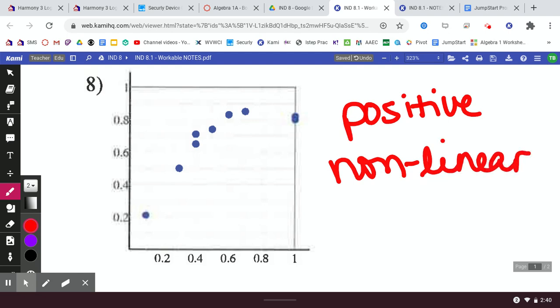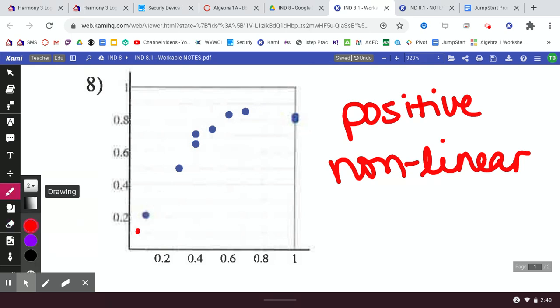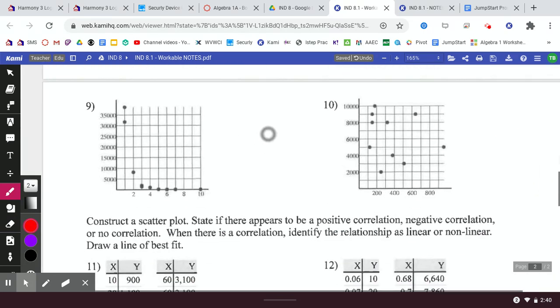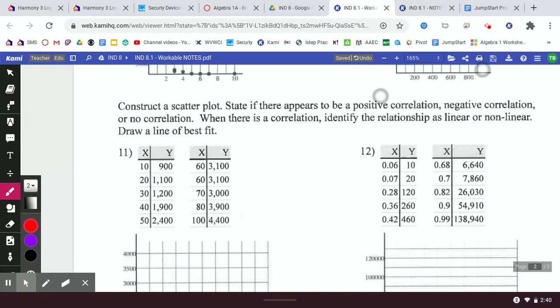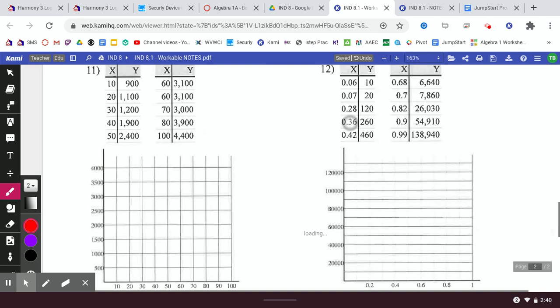Again, if you're ever not sure, just very, very lightly take your pencil and look and see, oh, it hooks. So we're going to call that nonlinear, and then you can just erase that or make it really light so I know you're not drawing a line of best fit. All right, Will. I think I'm going to skip that one. Number 10 is obviously no correlation, but I'm going to skip those because I want to show you this. On your homework, you're going to have ones that look like this.